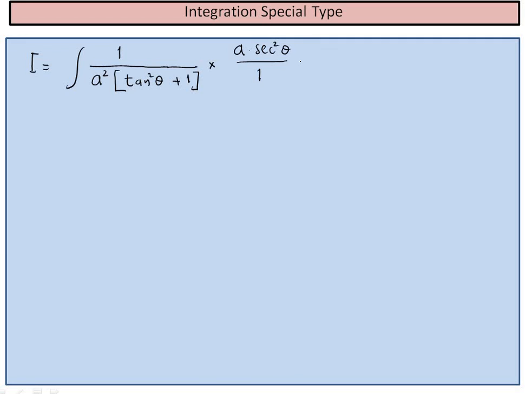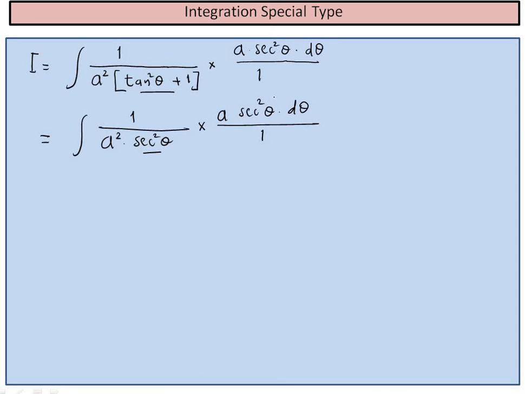Simple. So I am increasing the steps so that you understand. Integral 1 upon a square, sec square theta, 1 plus tan square is nothing but sec square, multiplied by a sec square theta d theta upon 1. Now this sec square theta will get cancelled with this sec square theta. This a will cancel a square. So here it is 1 upon a, which I can take outside the integral sign because it is a constant.